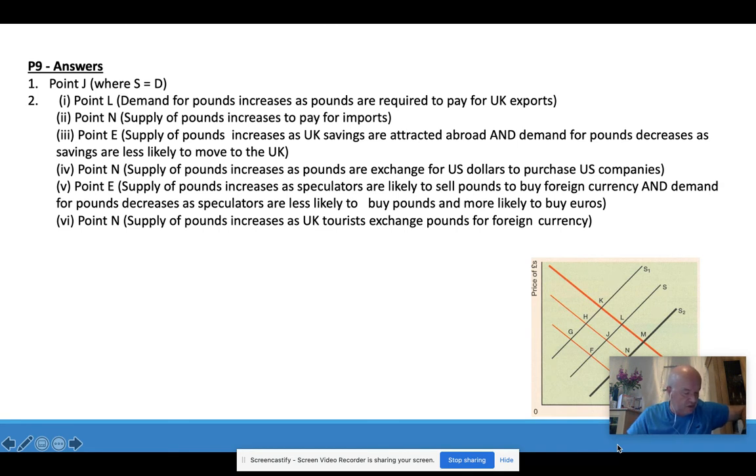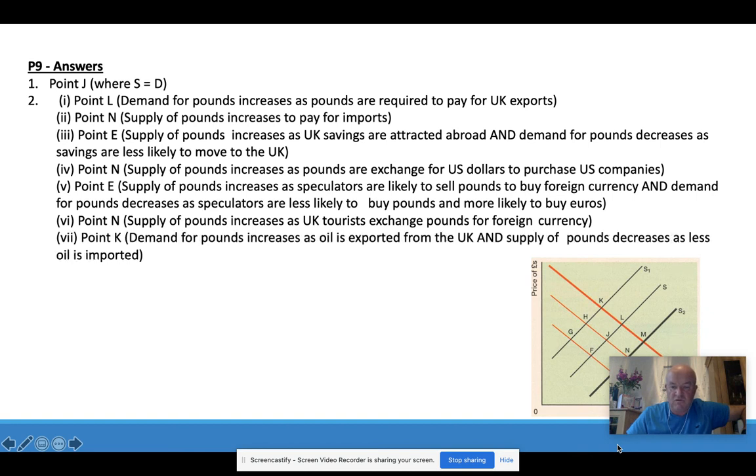And finally, a discovery of a huge new oil field in the North Sea. Now, this is going to have quite an impact, and let's have a think about the reasons why. It's going to move the point of equilibrium to point K. There's two reasons in essence.